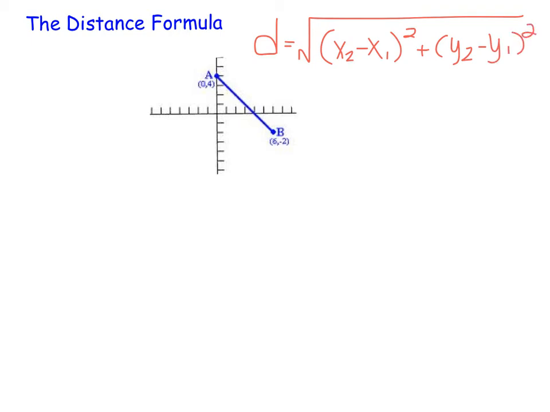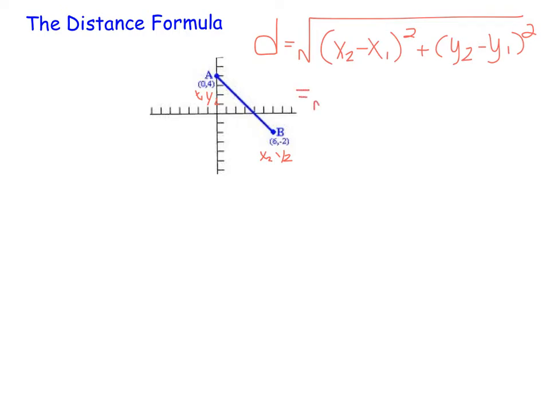So if I label my points as x1, y1, and it doesn't matter which I pick as long as I'm consistent, and x2, y2, you can see there that I would essentially take these points and substitute them into the problem above. So again, it doesn't matter which point is point 1 and which point is point 2. It just matters that you're consistent in your labeling, and then you use that as you go through.